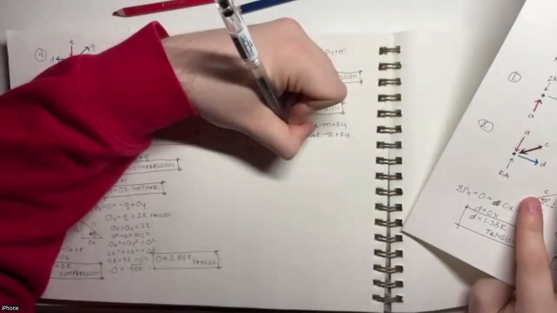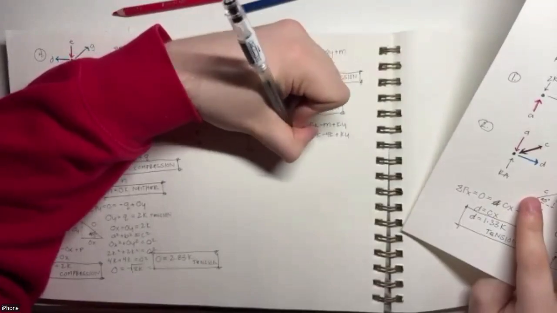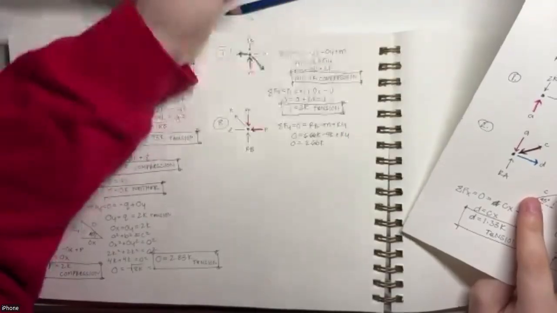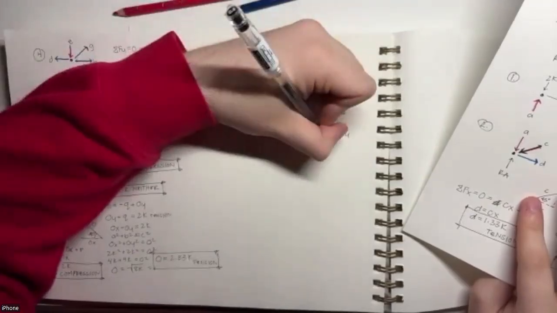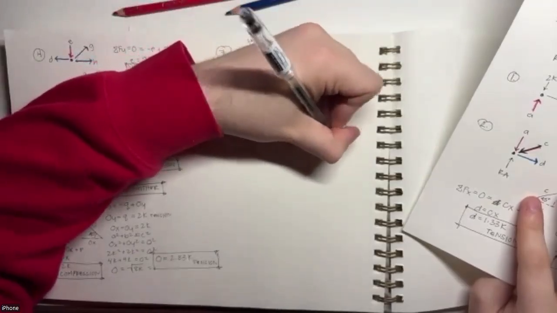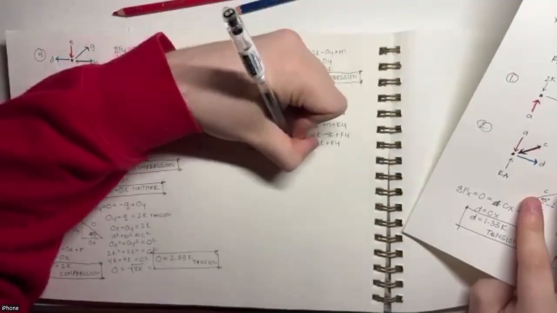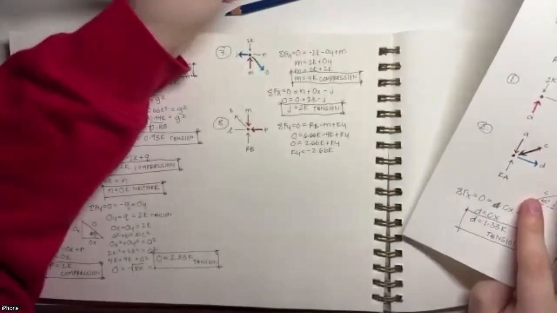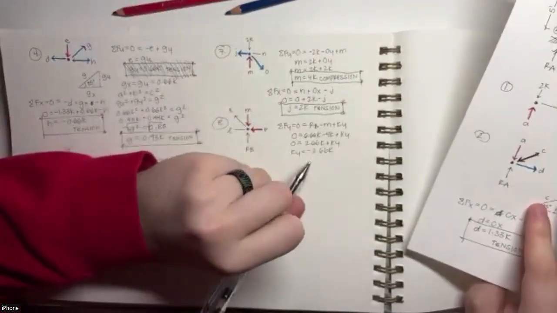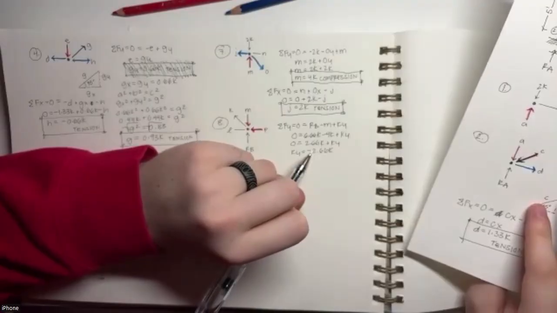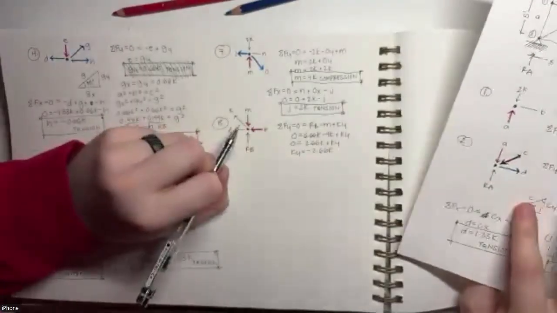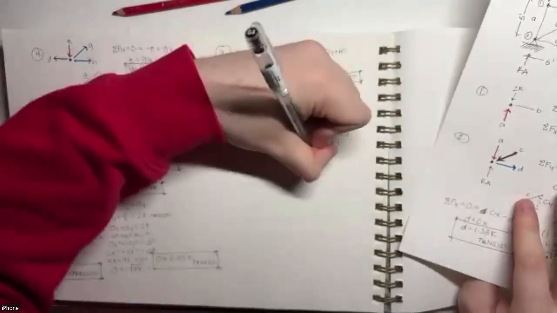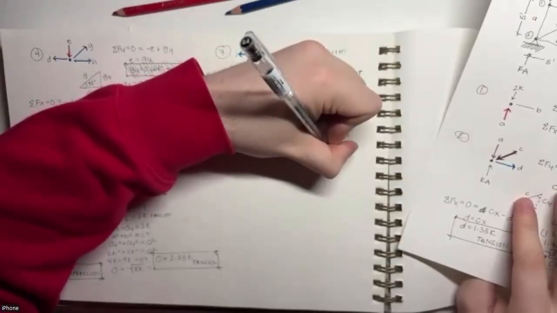I can say 0 is equal to 2.66K plus KY, which would mean that KY is equal to negative 2.66 kips. Okay, I got a negative answer. That means that my assumption was incorrect. My assumption was that K was in tension, so therefore it is in compression.